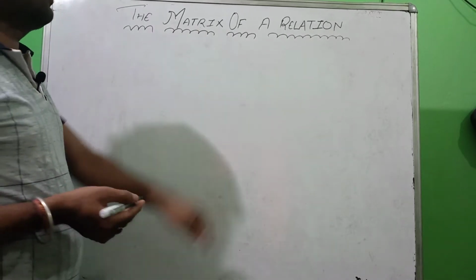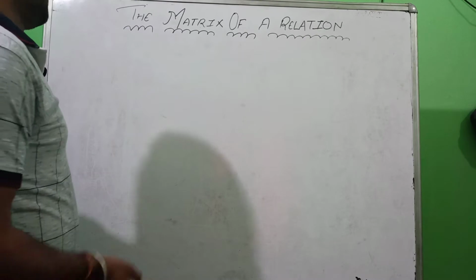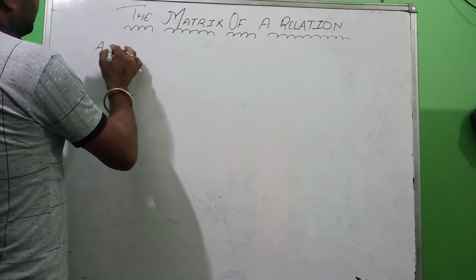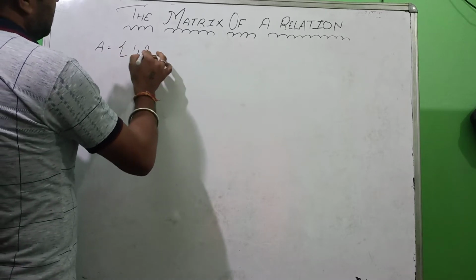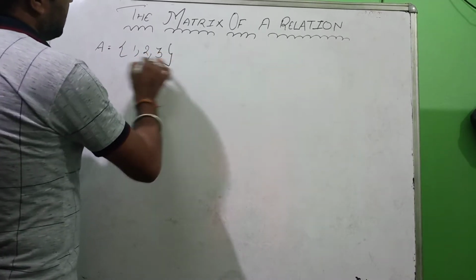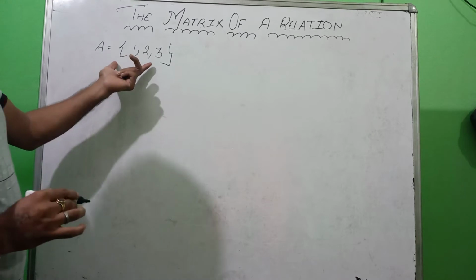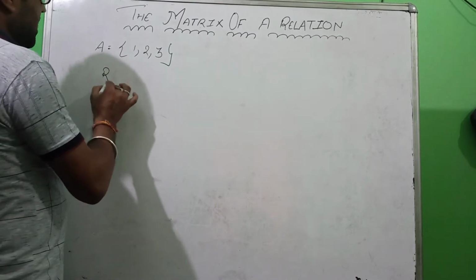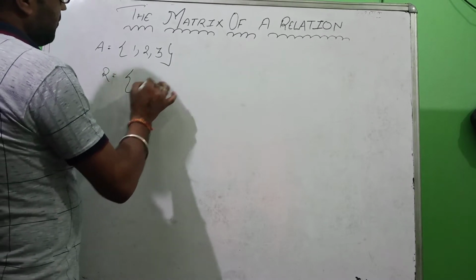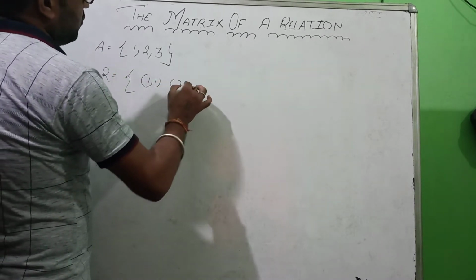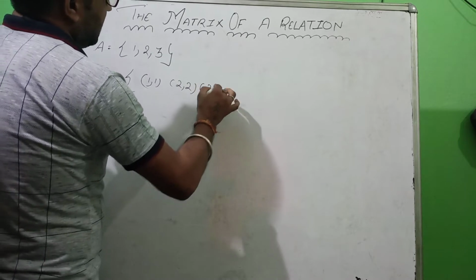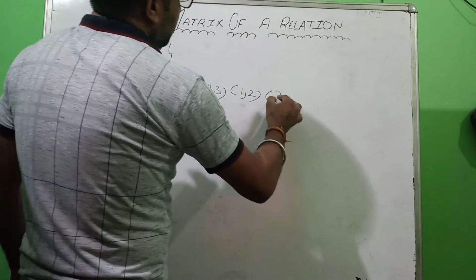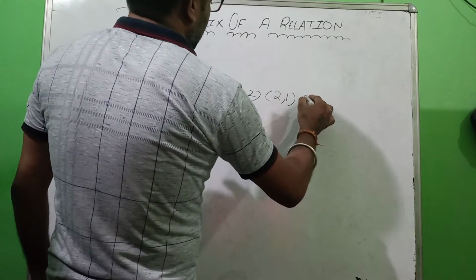सो द मैट्रिक्स ऑफ अ रिलेशन का क्या मतलब है कि किसी रिलेशन को आप मैट्रिक्स फॉर्म में कैसे लिखते हैं। फॉर एग्ज़ाम्पल, एक सेट है आपके पास, दैट इज़ {1, 2, 3}। क्लियर है गाइस? एंड दिस सेट पे जो डिफाइंड रिलेशन हो रहा है दैट इज़ R, वी हैव (1,1), (2,2), (3,3), and then (1,2) you have, and then (2,1) you have, and then (2,3) you have.